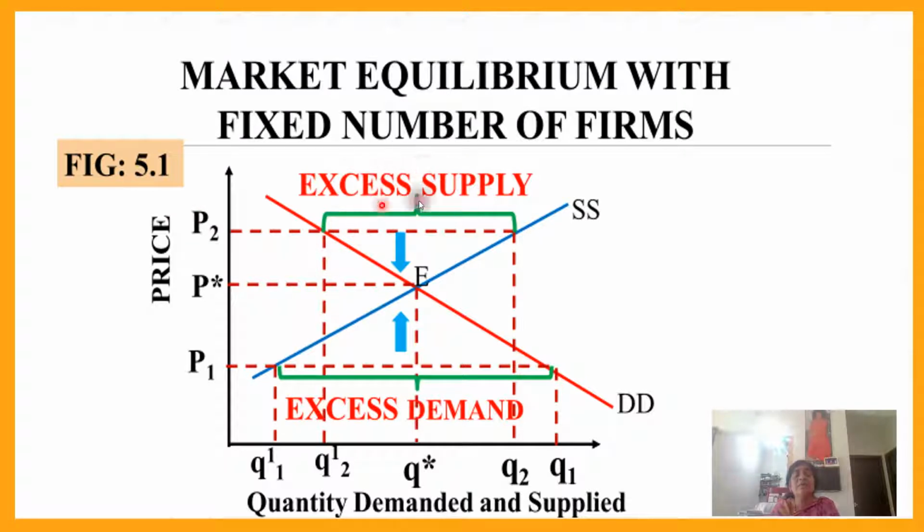When there is excess demand and excess supply, the demand forces and supply forces will compete with each other, and they will bring the market back to equilibrium. This is called the invisible hand at play in the market. That is, automatically in a free market situation, market forces such as demand and supply maintain the equilibrium price and quantity, the way I have explained now.